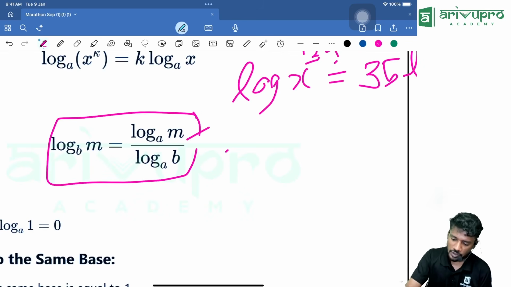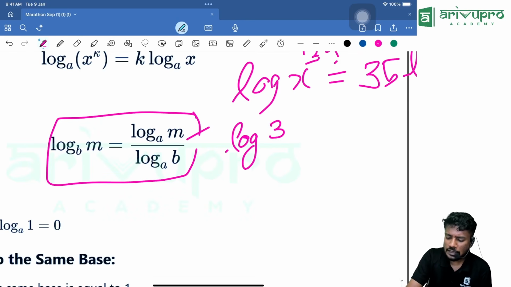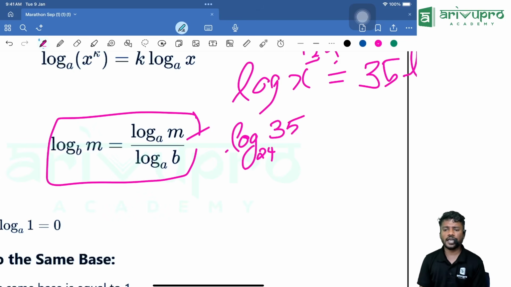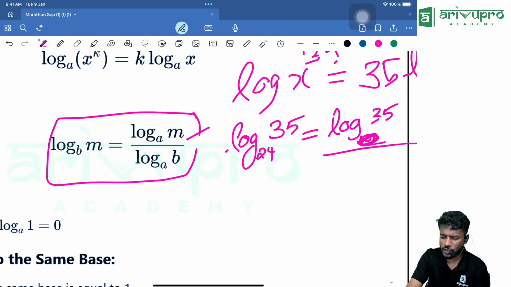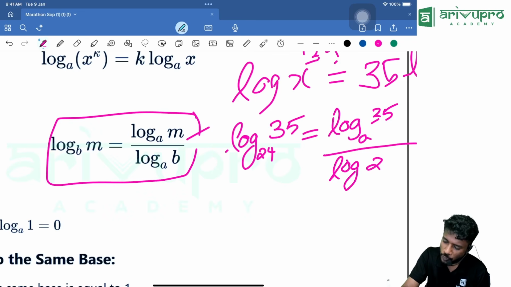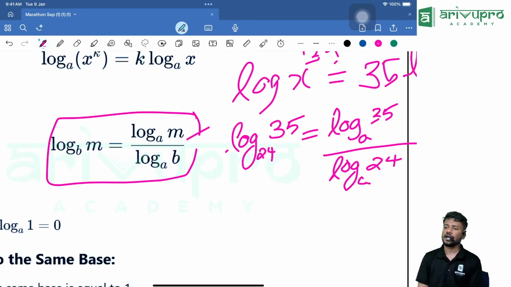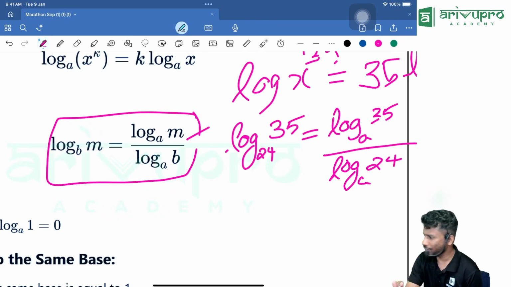If they are giving log of 35 to the base 24, how can you split it? Log 35 to the base 10 we will take, divided by log 24 to the base 10, or e we will take, it's up to us. Based on the question we will take it or change it. So I am writing a, divided by log of 24 to the base a. According to the question we will change the value of a.